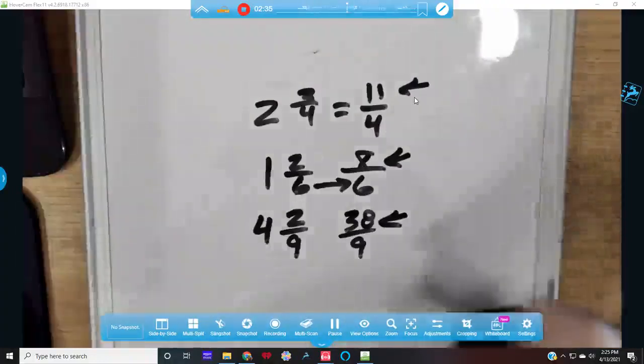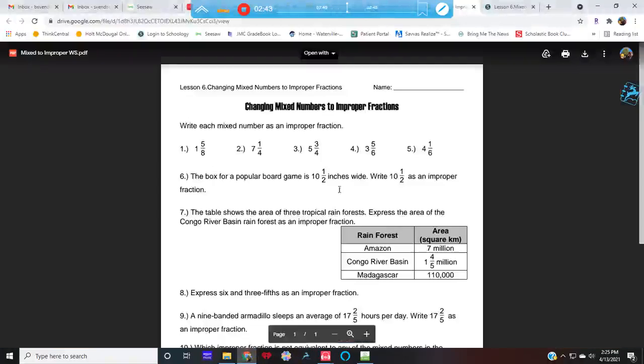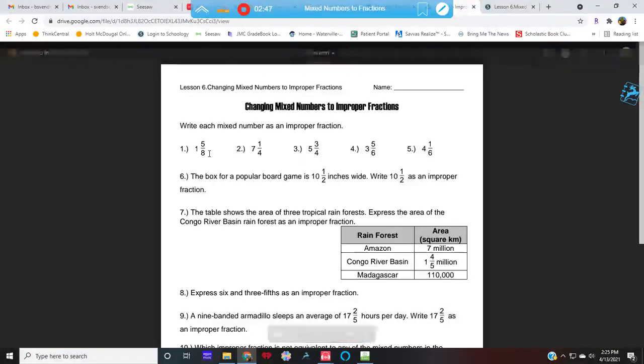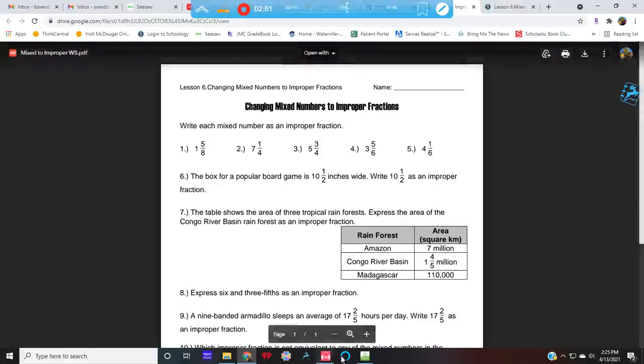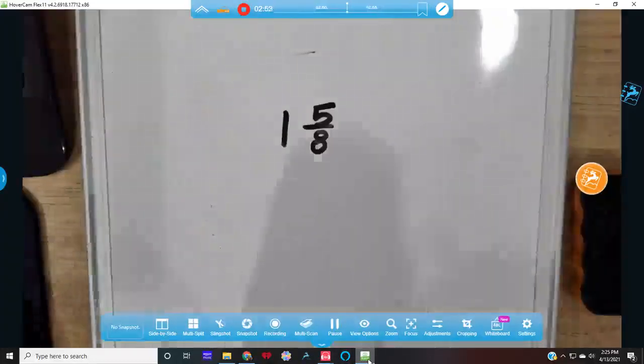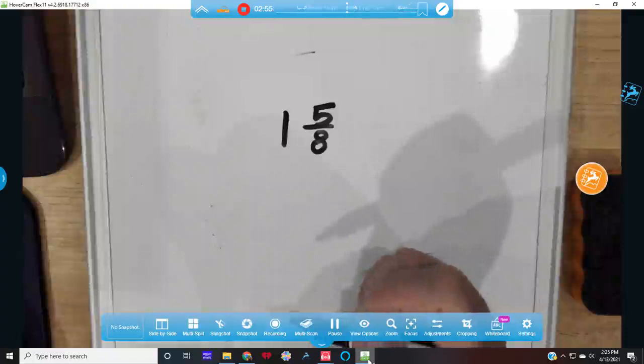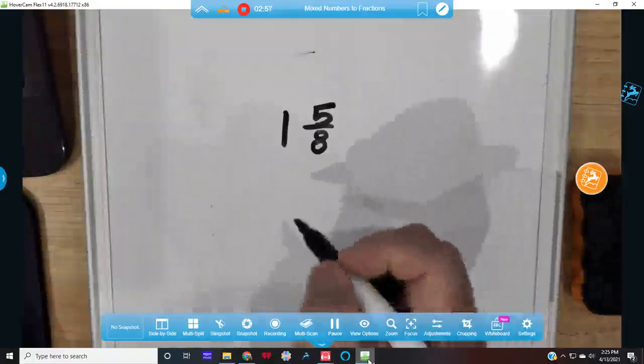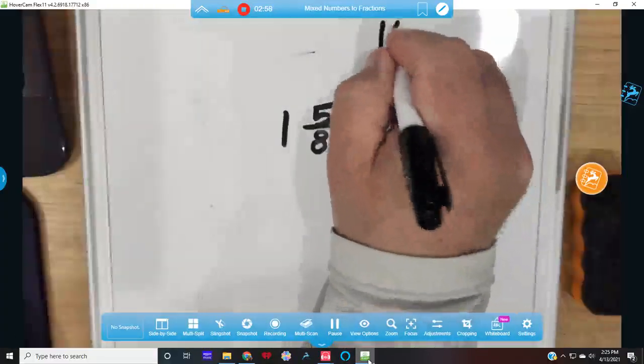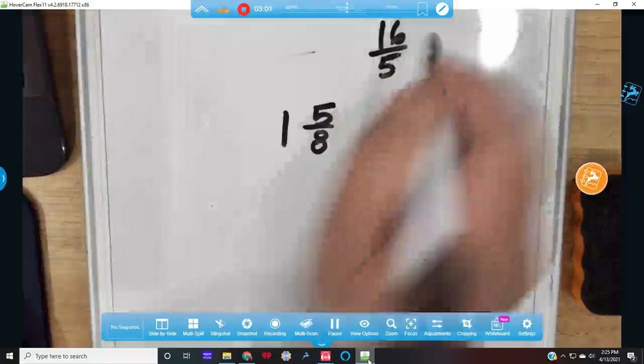Okay? So I'm going to go over one of the problems that you did. The problem was, let's look right here. You had 1 and 5/8. So 1 and 5/8. Okay, let's go back to my board here. 1 and 5/8, it says to make it into an improper fraction. The answer you gave was 16/5.